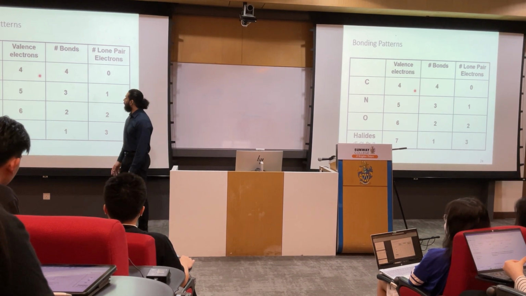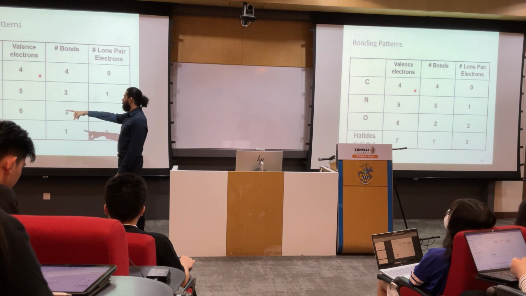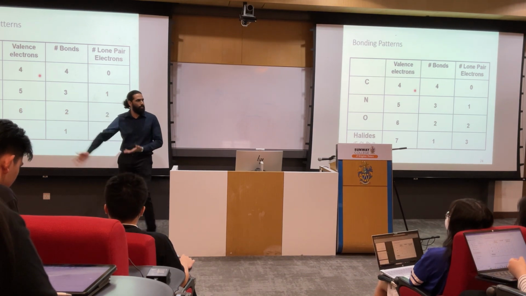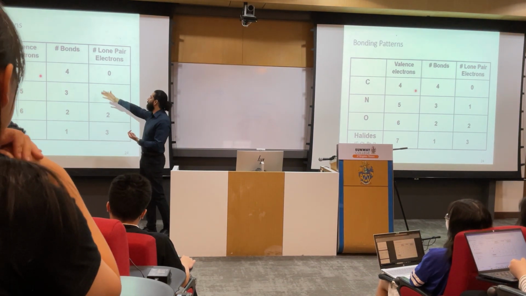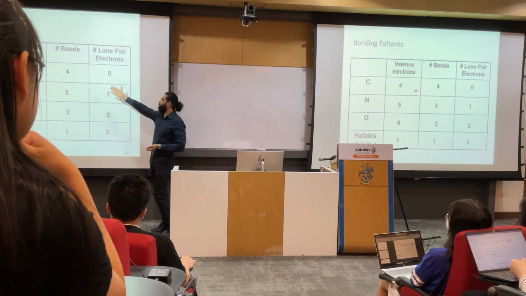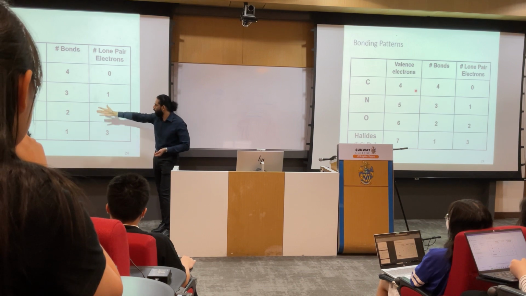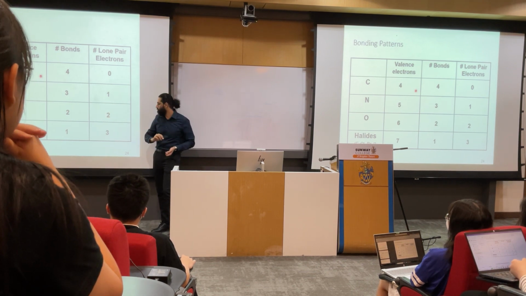So carbon has 4 valence electrons, nitrogen has 5, oxygen has 6, and halogens, group 7, have 7 valence electrons, and these are also the group numbers of these elements. So they usually like to make these many bonds. Carbon makes 4 bonds, nitrogen makes 3 bonds, oxygen 2, and halogens make 1.